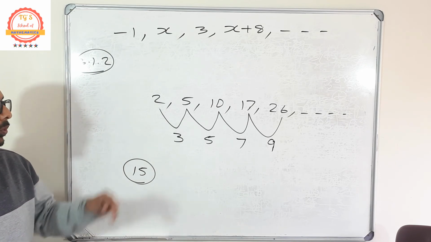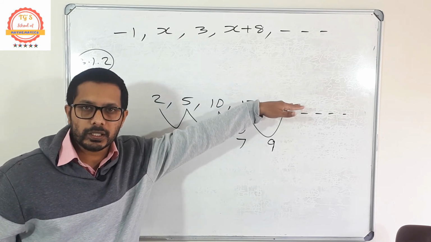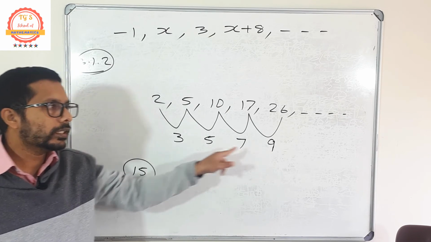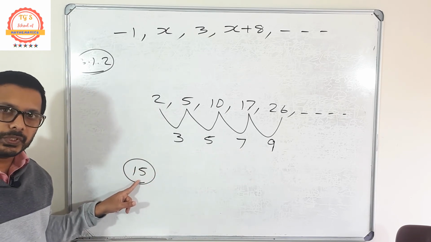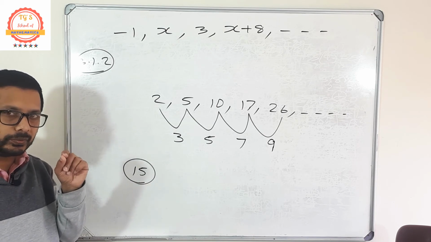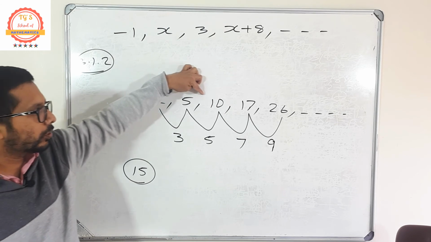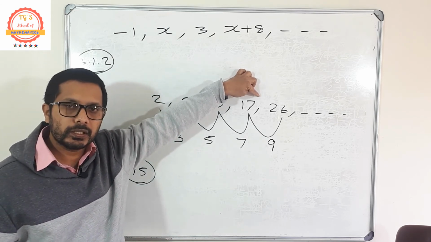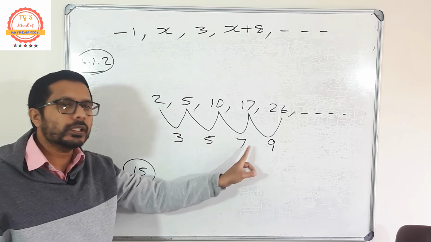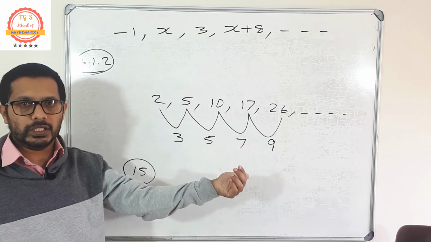What is the position of the first term in this quadratic sequence where the sum of this one is greater than 15? Listen to my question very carefully once more. What is the position of this quadratic sequence where the sum of this first difference is greater than 15?